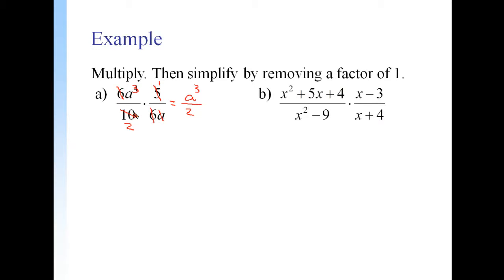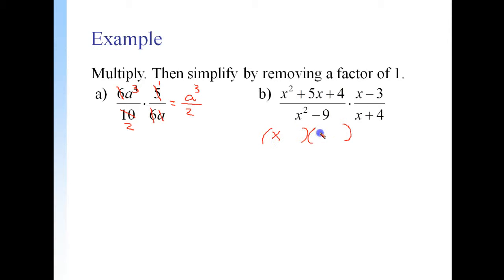All right, going on to letter B. And again, they're going to show you this in the PowerPoint slides, but I thought I'd work it out for you. All right, so what we're going to do, the strategy is to factor everything we can.